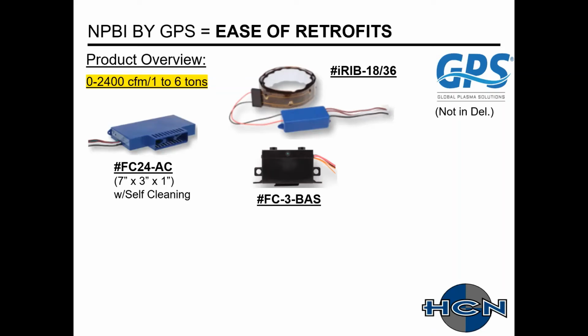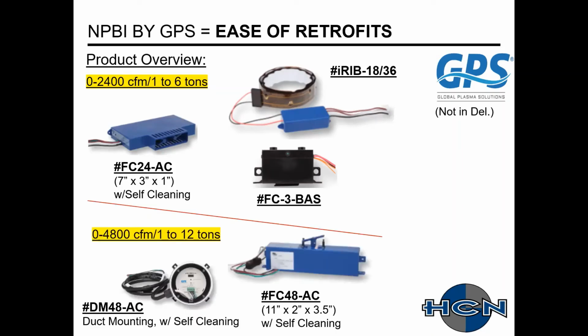You can set that up. Increasing in size from 0 to 4800 CFM, there's a duct-mounted product, the DM48, that I already mentioned was used for the COVID testing. It also has self-cleaning. And then the FC48 is 11 inches by 2 by 3. It also has a self-cleaning device.